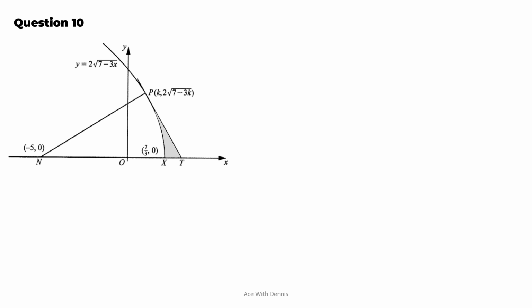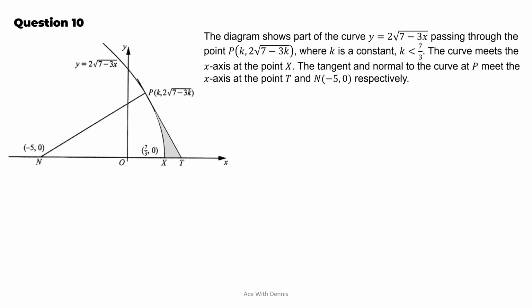Question 10. The diagram shows part of the curve y equals 2 square root of 7 minus 3x passing through the point P, k, 2 square root of 7 minus 3k, where k is a constant and k is less than 7 over 3. The curve meets the x-axis at the point X. The tangent and normal to the curve at P meet the x-axis at the points T and N, whose coordinates are negative 5, 0 respectively. 1.